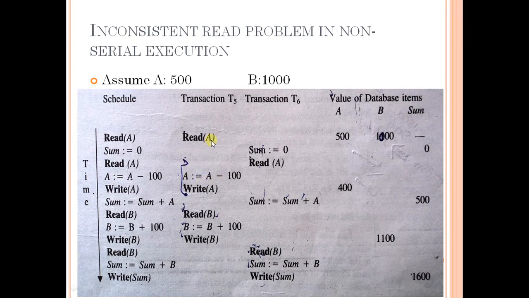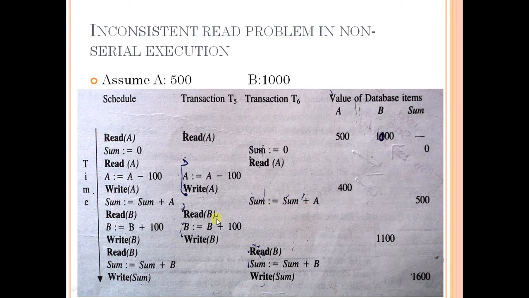It has read 500, it will deduct 100, so it becomes 400. Write A. Now this A will be written to the hard disk. Now control will come back to the statement sum plus A. However, you must assume that this A was read earlier, and at that time it was 500. When A was written to the hard disk it was 400, but here the A that was read earlier was 500.